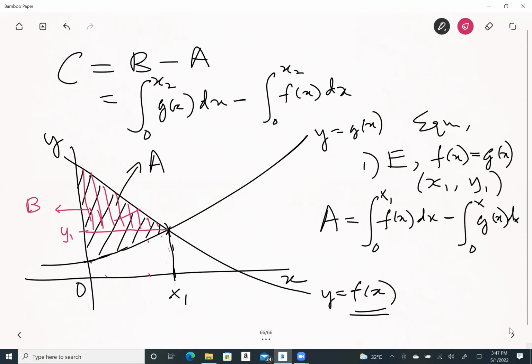Identify the interval, identify the functions. Now, do we have to subtract? Do we have to add? Now, what integral is involved to get the area B?